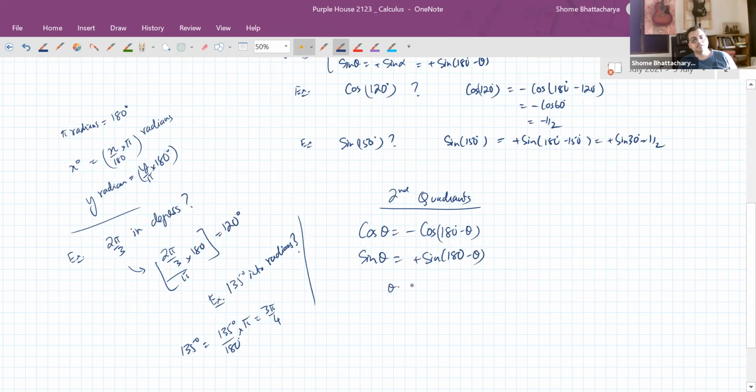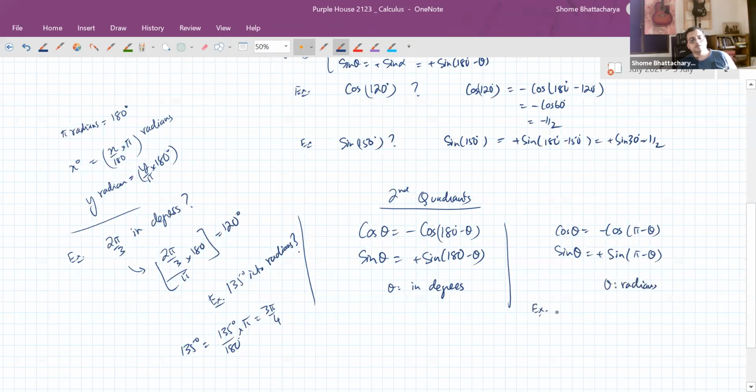This is when theta is in degrees. Similarly, if you want to express it in radians, it becomes cos theta is equal to minus cos pi minus theta, and sine theta is positive of sine pi minus theta, where theta is in radians.